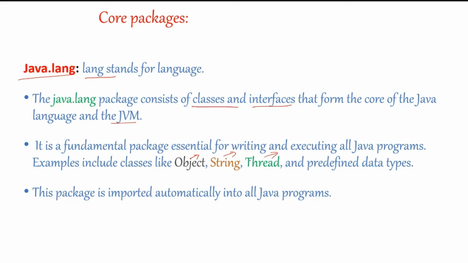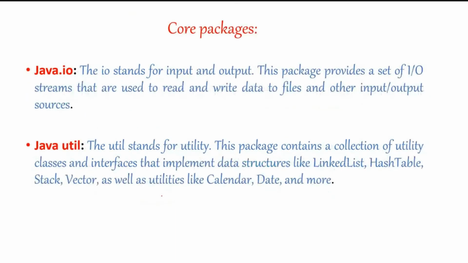All of these classes are core, and they are defined in this default lang package. This package is imported automatically into all the Java programs. Meaning, whether you import or you don't import, it doesn't matter. It will be imported automatically to all the Java programs. Other packages, for example, IO. IO stands for input, output. Remember, I have given this example of the File class.